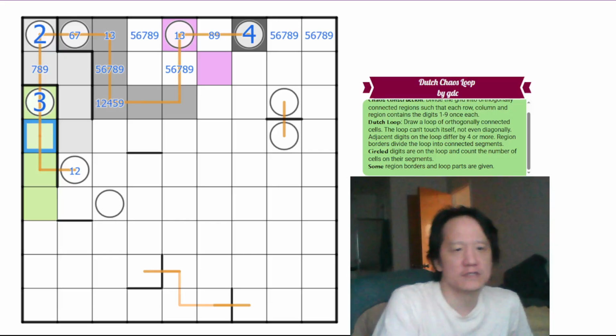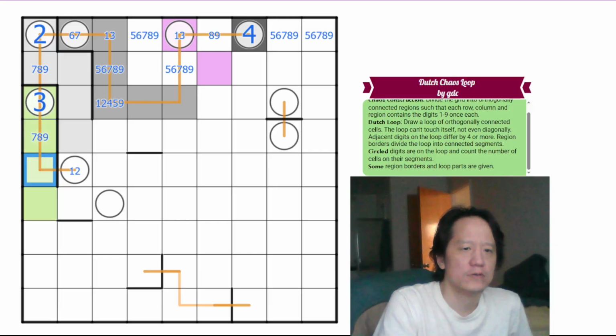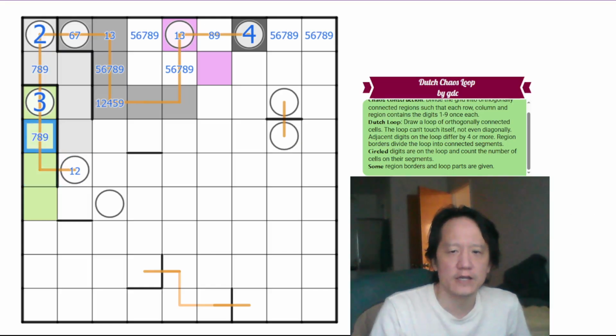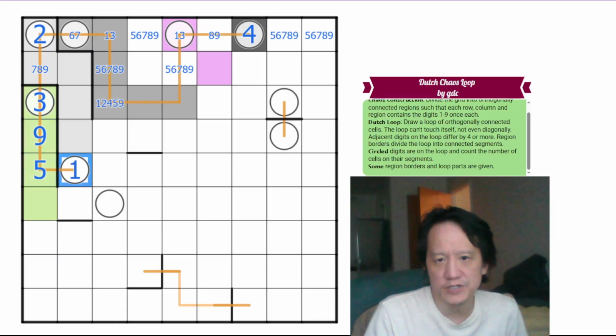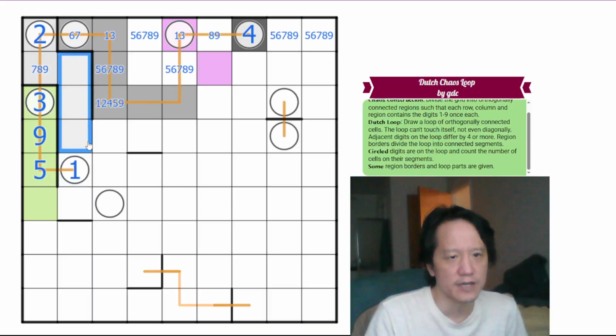It must be next to 7, 8, or 9 here. So I think this must be 9, 5, and 1. If this is a low digit, that doesn't work. So this must be 9, 5, and 1. So this is one segment, and then it's done. So this is very likely the light region, and then it's done.